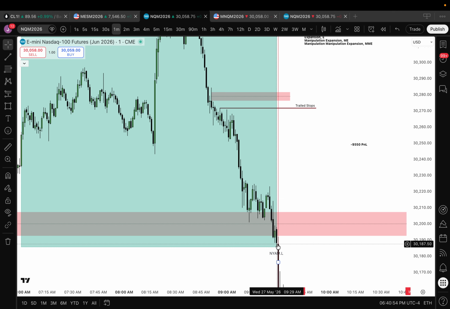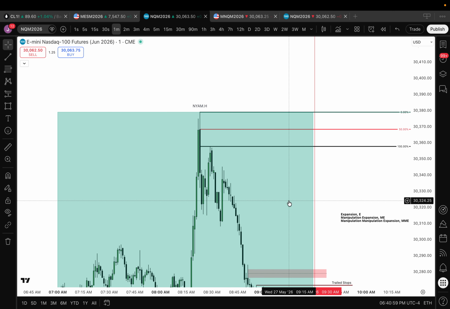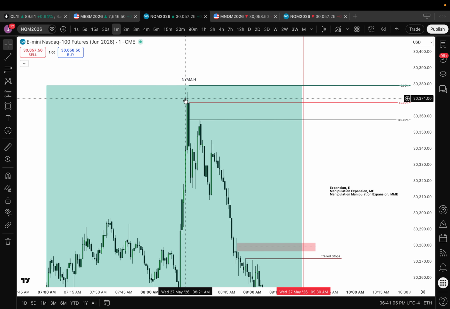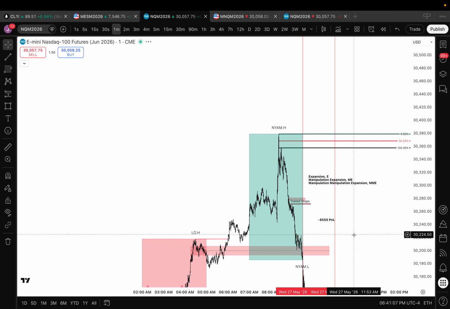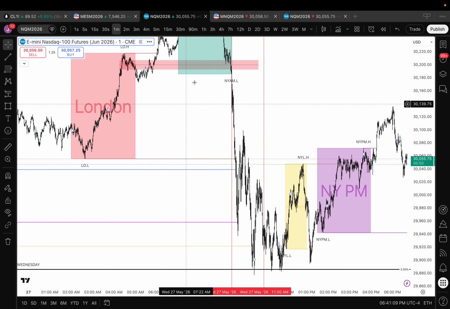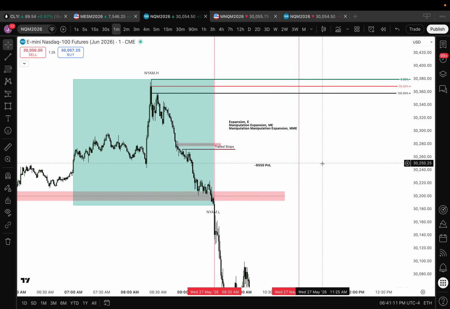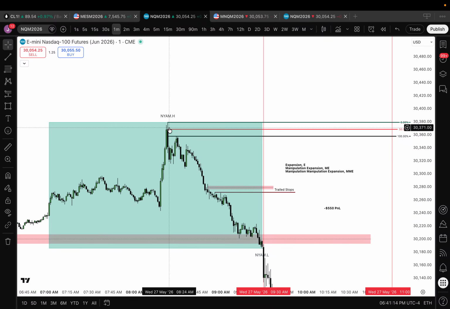I can wait for an inversion right here and then enter right here. And were price to go up to here, it probably would have used this area if it wanted to leave this relatively equal, because smart money was in shorts right here, as we can see. They profited off of all that shorts. They were in shorts right there, meaning that they're not going to sweep this high out because that's where their positions are, but they do want to sweep these trailed stops out.